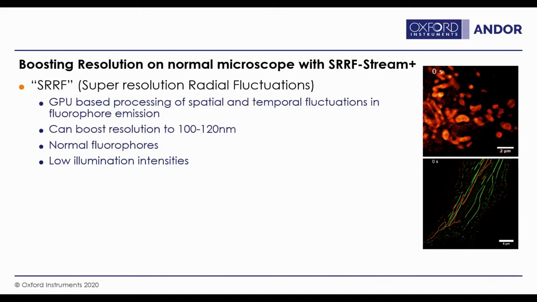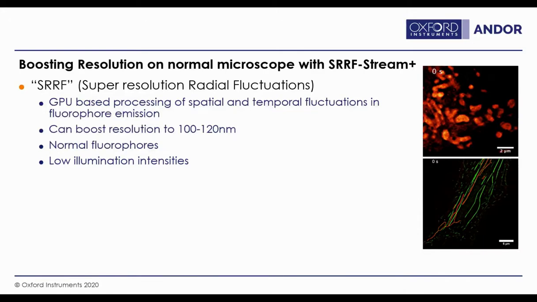SURF, as I mentioned, is based on radial fluctuations that occur within fluorophores, and by using GPU based processing over a number of very short exposure frames of your image, you can build up spatial and temporal information about the fluctuations of those fluorophores and then localize that to allow for a much higher resolution.